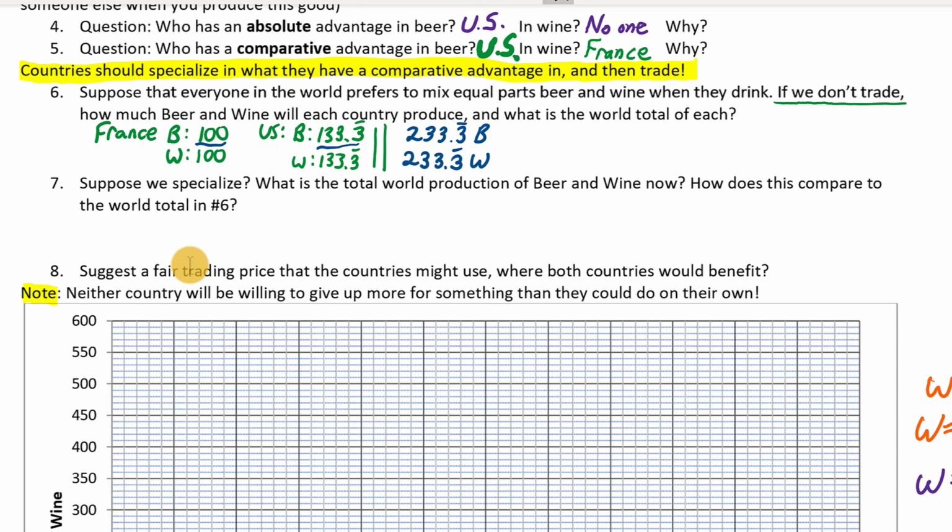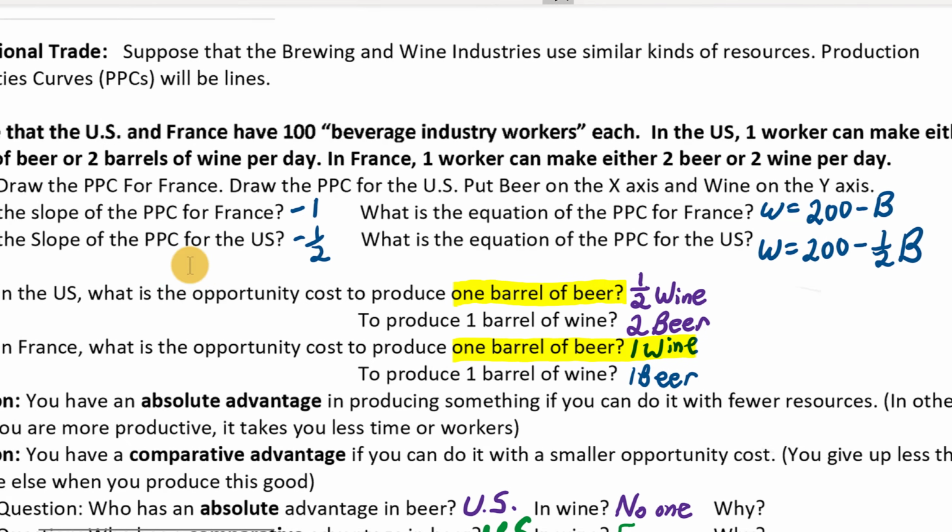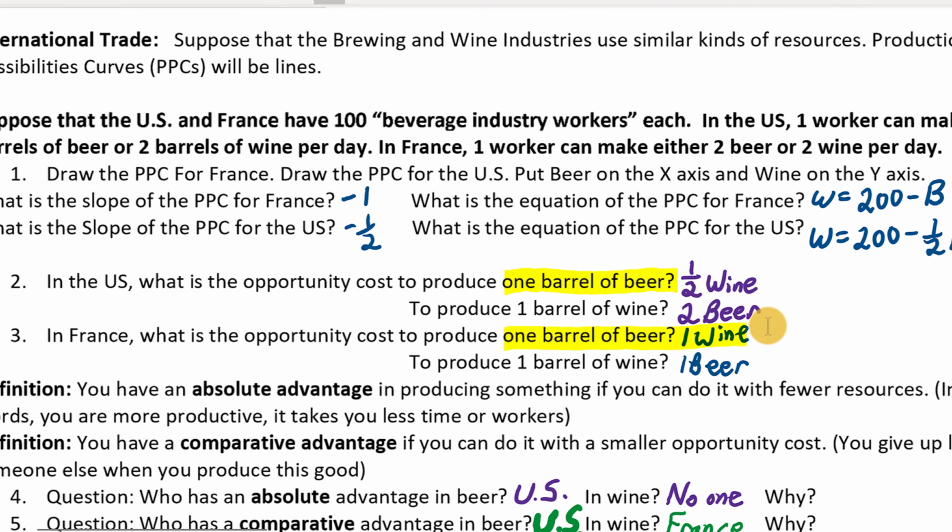But one of the constraints we have here is, look, neither country is going to be willing to pay more for beer or wine than they could produce it themselves. In other words, in France, simple case, France always has the opportunity within their own country to trade 1 barrel of beer for 1 barrel of wine. So if they were to buy beer from the United States, France is not going to want to pay 2 barrels of wine for each barrel of beer, because that's a higher price than they could just do themselves.